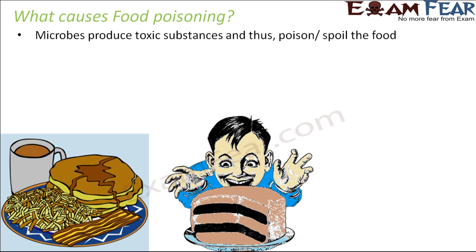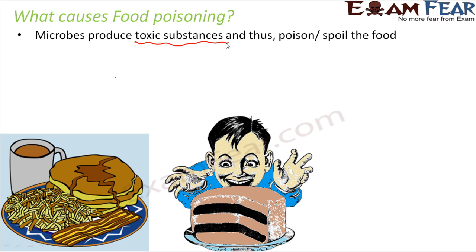These microorganisms produce toxic substances which are extremely poisonous and harmful to our body, and these substances in turn spoil the food. That is why it is often said that you should not leave the food open. It should always be covered so that it is less prone to be attacked by microorganisms.